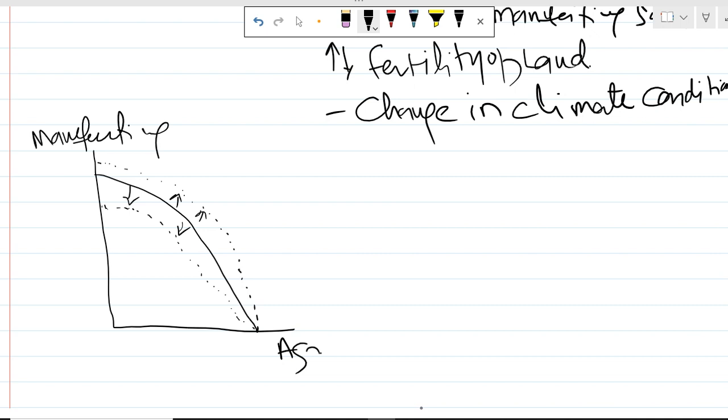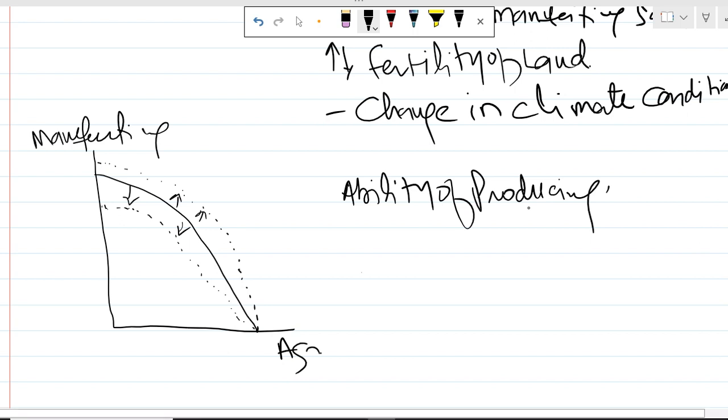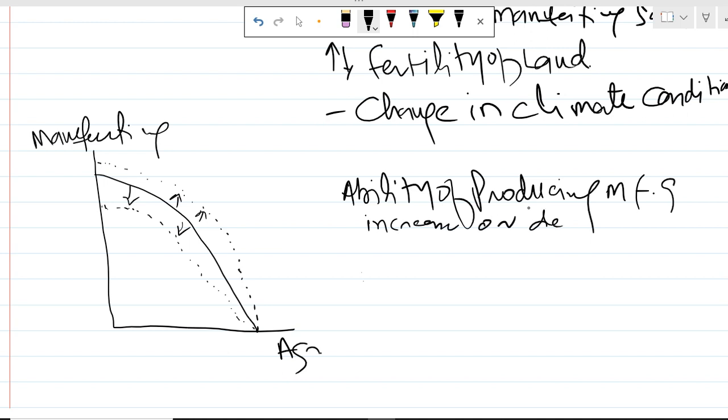The fact is that the ability of producing manufacturing goods increases or decreases, whereas agriculture goods remain constant.